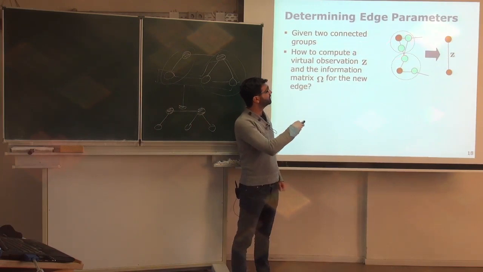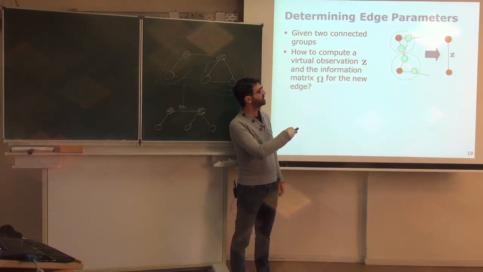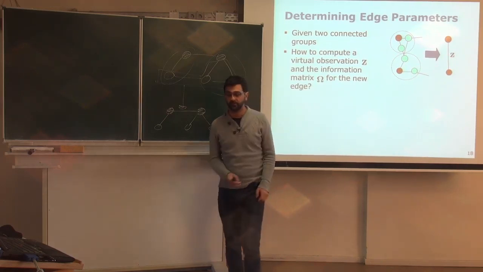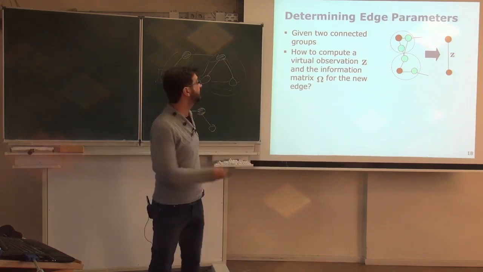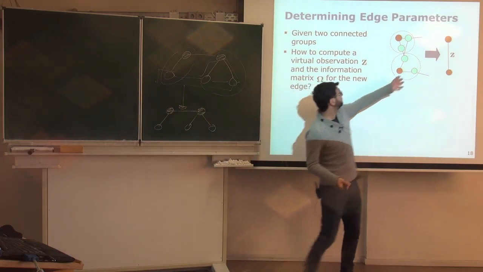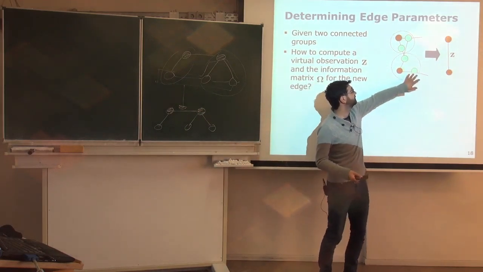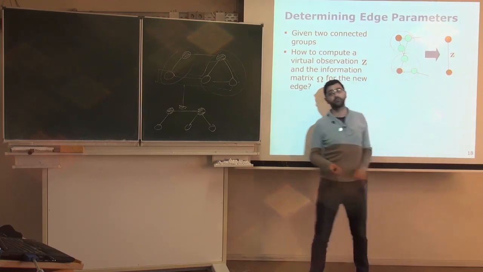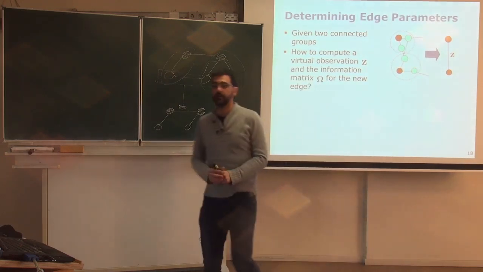Since we are connecting two clusters, we take these two representatives, the red one, and we also take all the nodes in the cluster together, and we would like to obtain a new virtual measurement Z between those two. The only information that we have locally between those two clusters is given implicitly through the connections that we have with these other nodes.